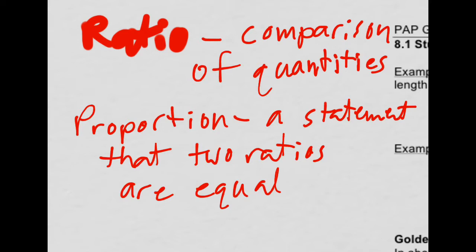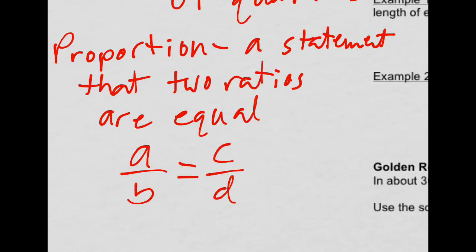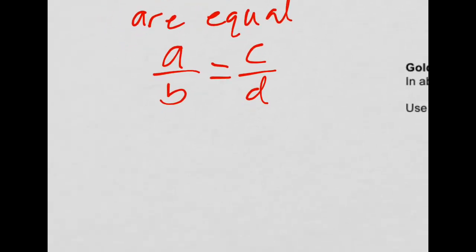So we might say as a proportion, we might say the ratio A to B is equal to C to D. Now an example of this might be 1/2 is equal to 4/8. They're both the same value.